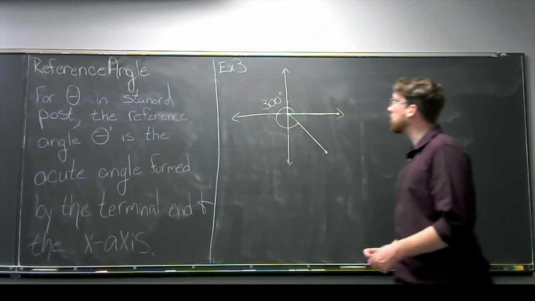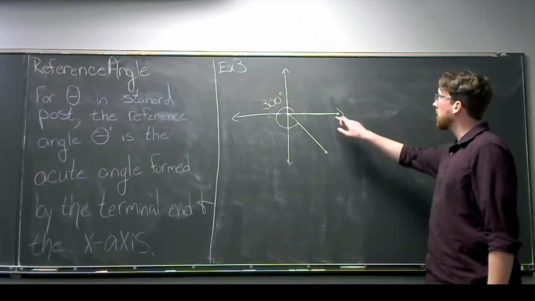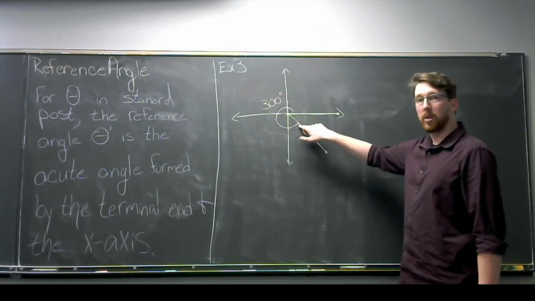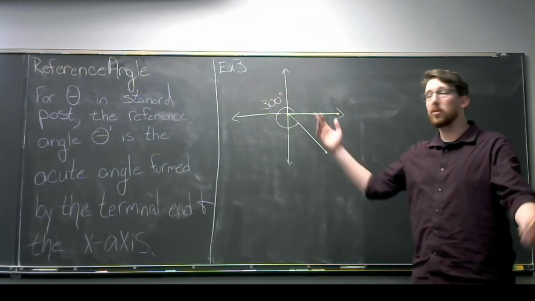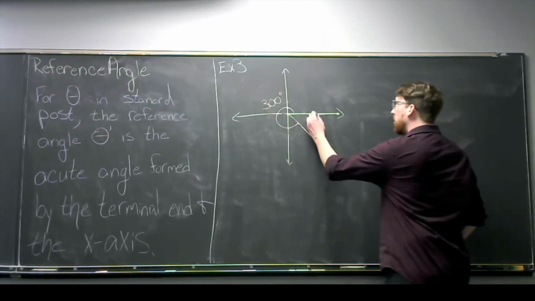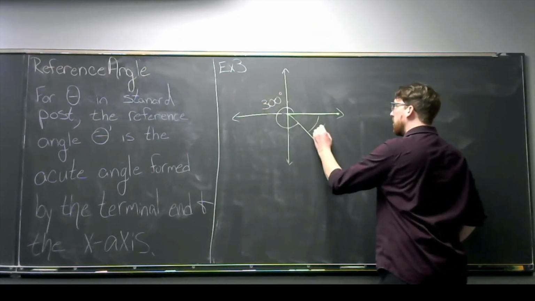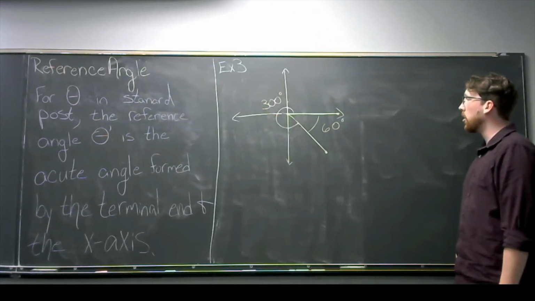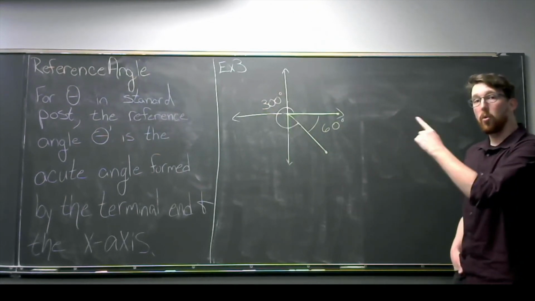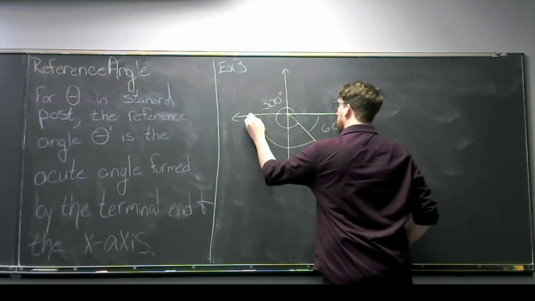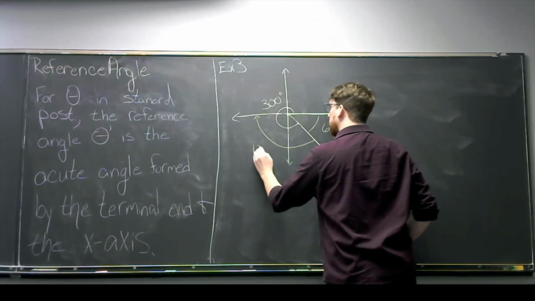In this example, what we've got is an angle of 300 degrees, right? We want to know what the reference angle is for that. Well, there's only 60 degrees in the positive direction to the x-axis, or in the negative direction, there's 120 degrees.